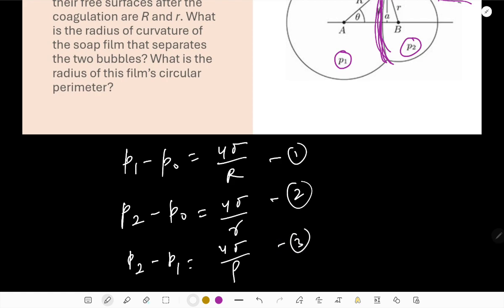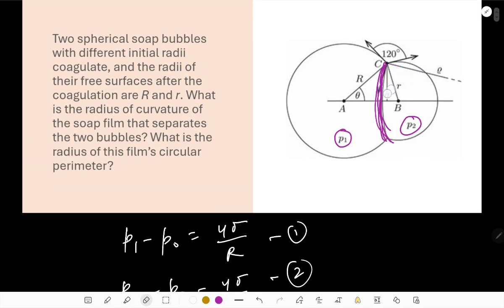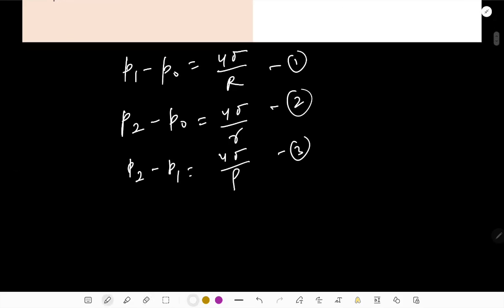After writing all these equations, you can simply calculate that the value of rho, the radius of curvature of the separating soap film, will be simply R r divided by R minus r.